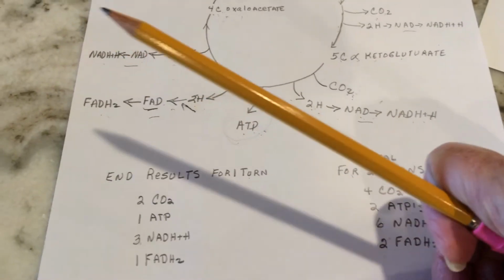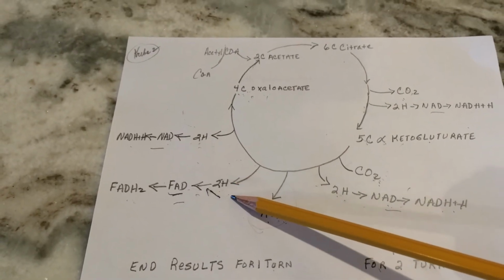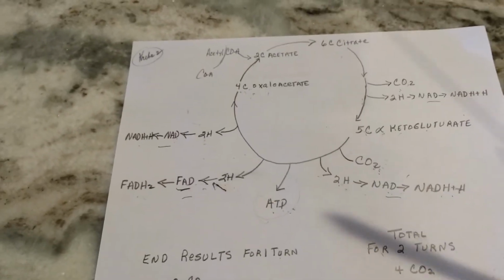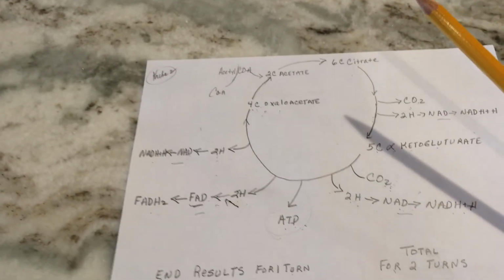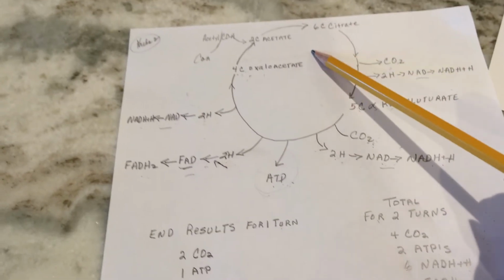And 1 FADH2 bus, right there. But now you remember at the end of glycolysis, we don't just have 1 pyruvate left, we have 2 pyruvates. So there are 2 acetyl-CoAs coming to Krebs cycle.